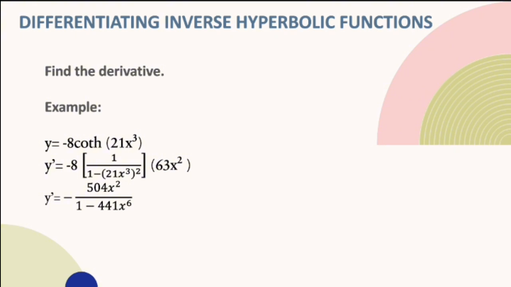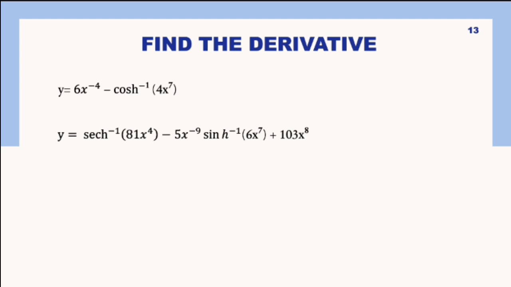So the derivative is -504 x squared over 1 minus 441 x to the power of 6.